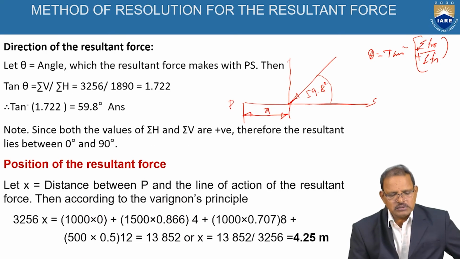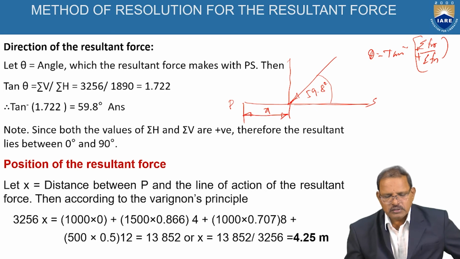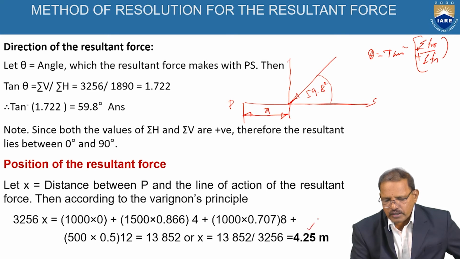So according to this problem, when you are taking 1000 into 0, 1500 into cos 60 into 4, 1000 into 0.707 into 8, and 500 into 0.5 into 12, which should be equal to 13,852, or x is equal to 13,852 divided by 3,256, which is equal to 4.25 meters.